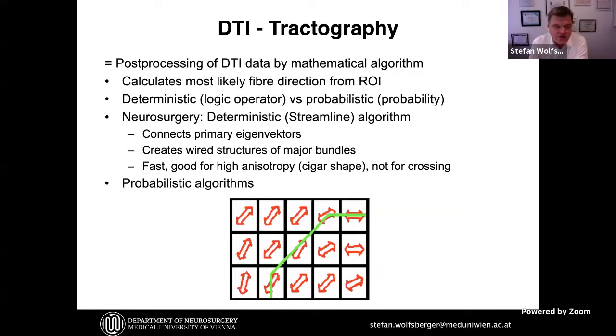Probabilistic algorithms would be even more intelligent because they can calculate even crossing fibers, so the probable direction of the fiber, but of course they take a lot more calculation power, and they're still not really in the clinical field.